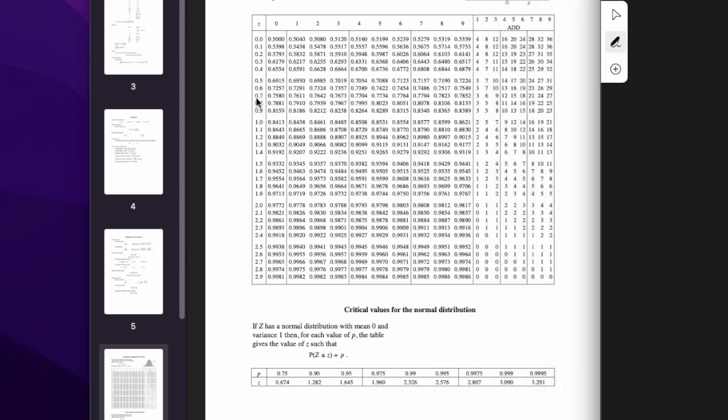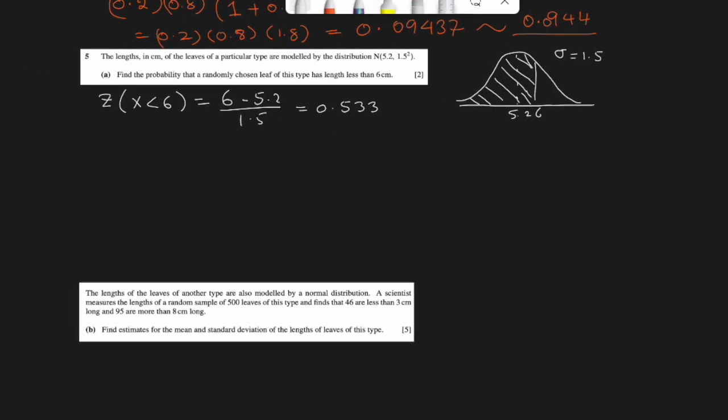Okay, 0.533 is this. 0.5 is here, 0.53, 0.7019 and 3 more, 10. So we have to use 10 to add to the last 2 digits of this, 0.7029. This is what we get now.